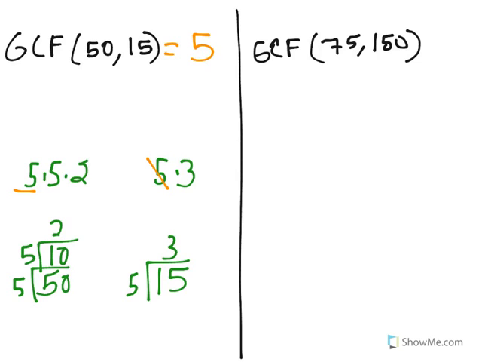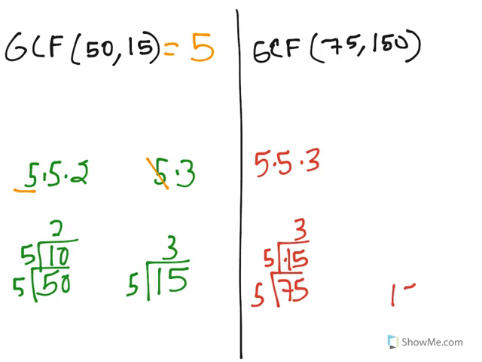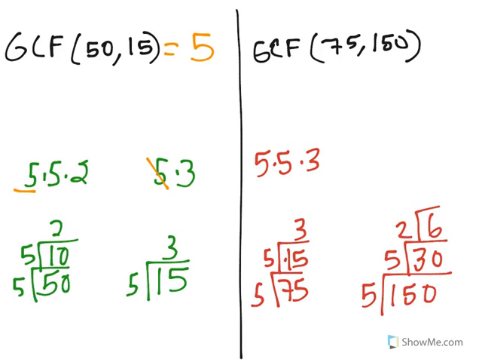All right, now let's do something a little bit more challenging, bigger numbers. 75. 5 goes into 75 15 times. 5 goes into 15 3 times, so the prime factors of 75 are 5 times 5 times 3. Now let's do 150. 5 goes into 150 30 times. 5 goes into 30 6 times. 2 goes into 6 3 times.